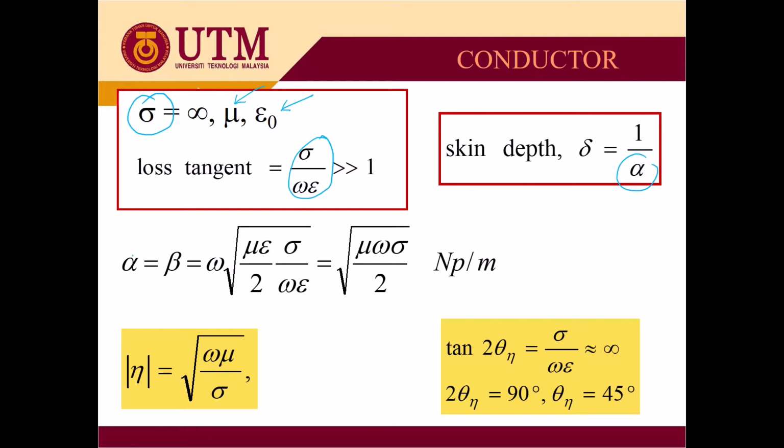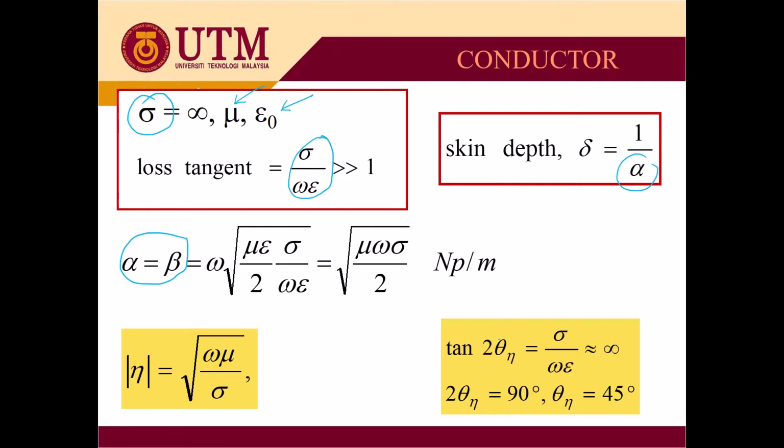And here, alpha and beta have the same expression, which is equal to omega times square root of mu epsilon over 2 times the square root of sigma divided by omega epsilon. It can be simplified to square root of pi f mu sigma, in Nepers per meter. And the intrinsic impedance equals the square root of omega mu divided by sigma.